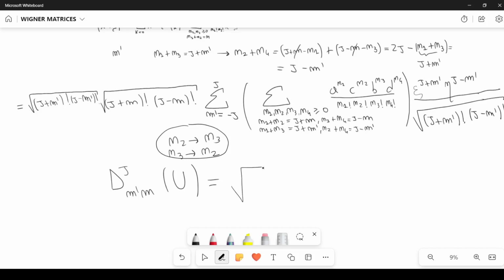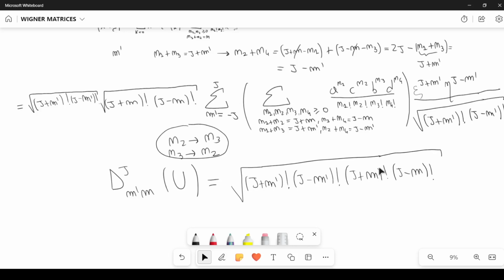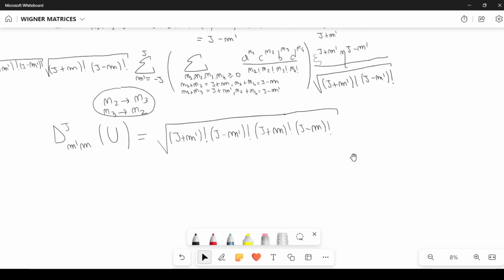We have the square root of all these terms, j plus m prime factorial, j minus m prime factorial, j plus m factorial, j minus m factorial. And then here we have just one summation. It's this summation here.